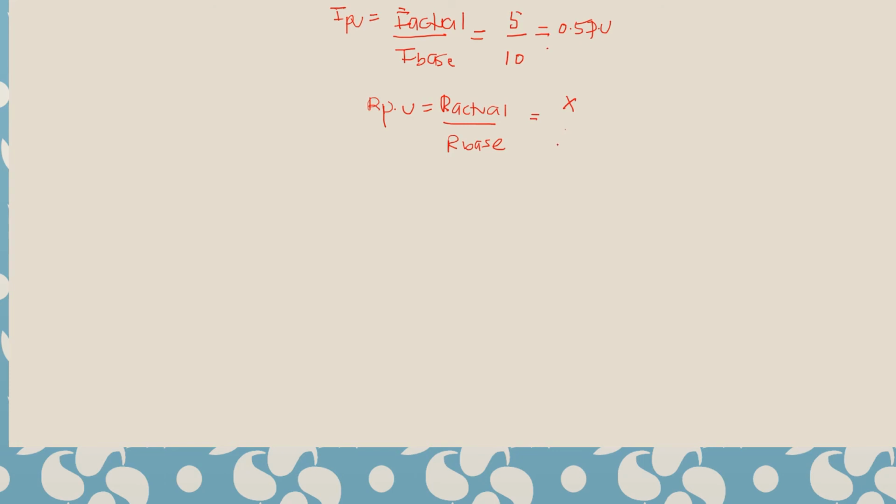It is also not given. So you cannot use this formula. Instead, if you want to calculate R PU, you can use V PU divided by I PU. Because you know your V PU is 0.5, and you know your I PU is 0.5 as well. So that gives you 1 PU for R PU.